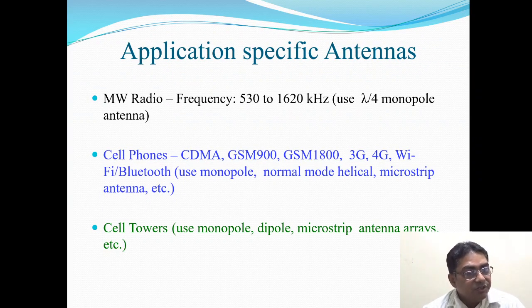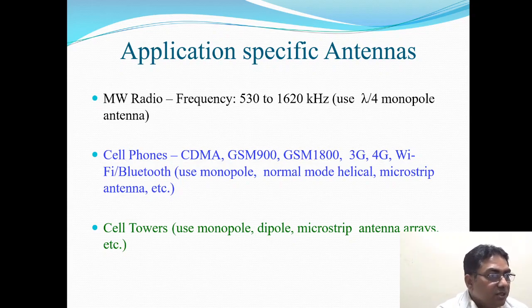Now there are some application specific antennas I have mentioned. The simple medium wave radio, MW radio, also known as amplitude modulated wave, has radio frequency from 530 to 1620 kilohertz, and generally monopole antennas are used. Now taking the example of a cell phone, it has many different bands.